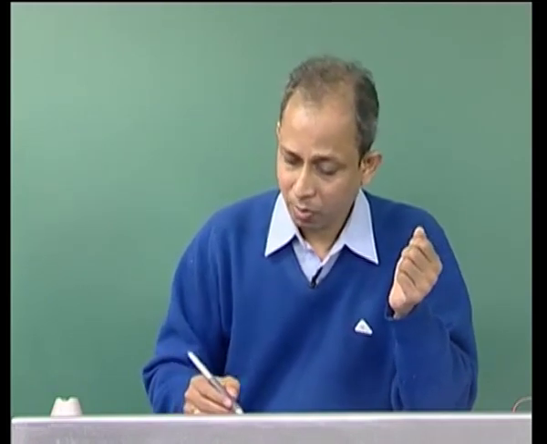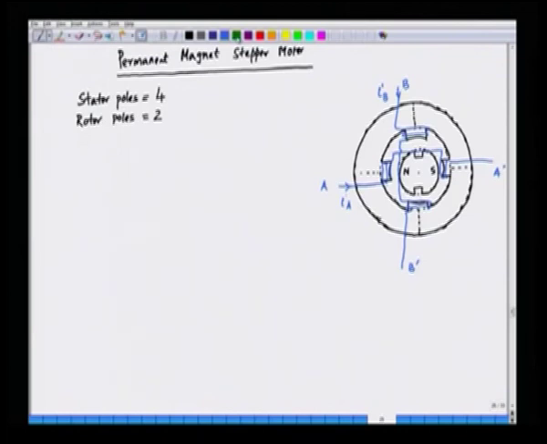The current is entering A and leaving A prime. Similarly, entering B and leaving B prime; this is our convention. So, when we excite phase A, a south pole is created.